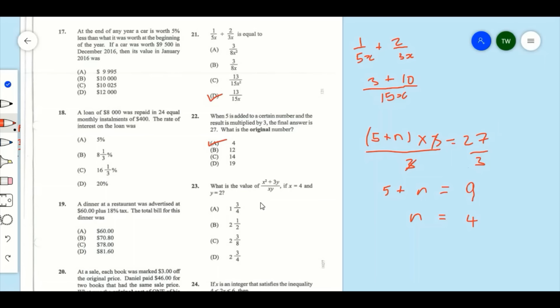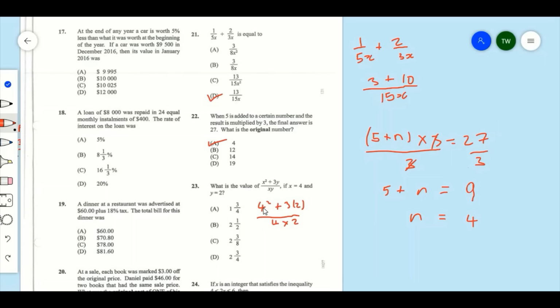So this is going to be 4 squared plus 3 times 2, all divided by 4 times 2.